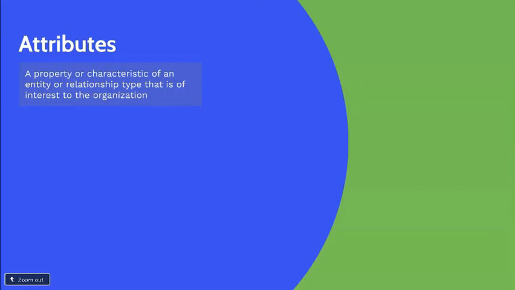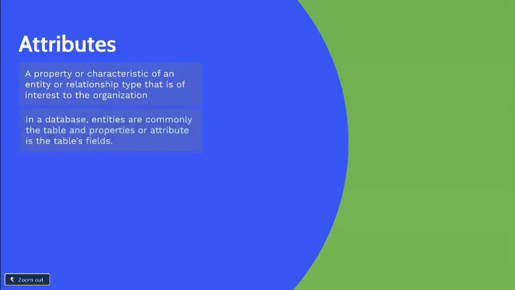Since these 3 data are the only data which interest the organization, we can say that these 3 are the only attributes for our students. In a database, entities are commonly the table and the properties or attributes are the table's fields.